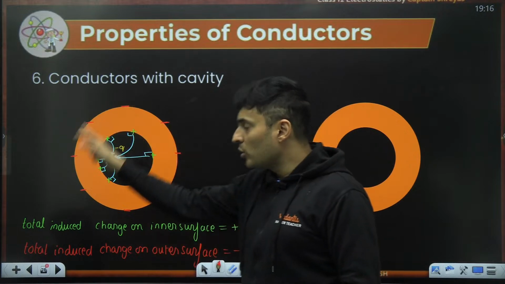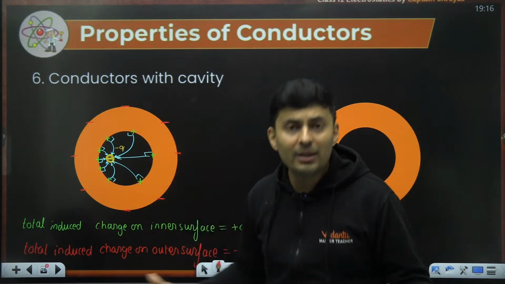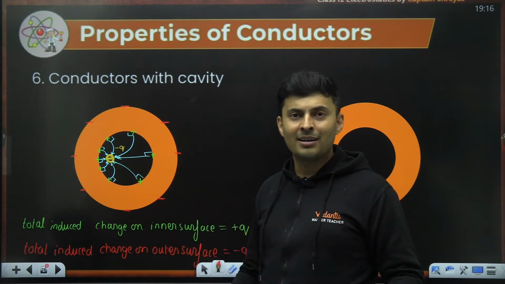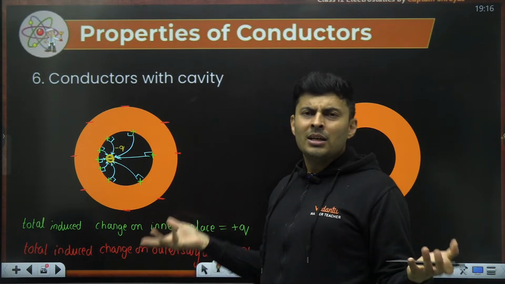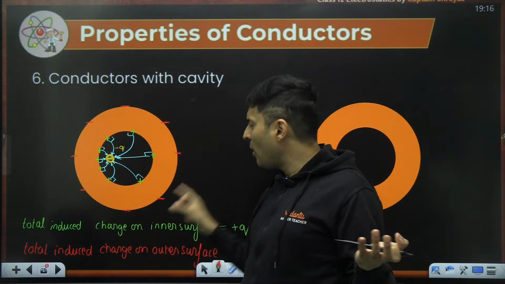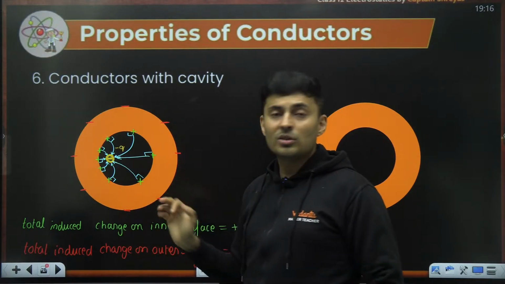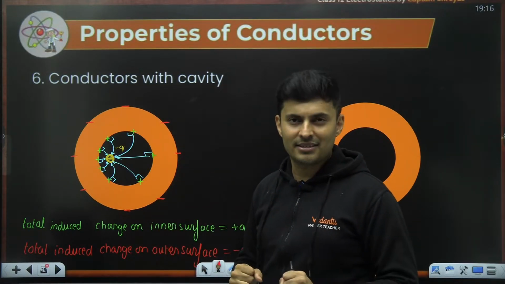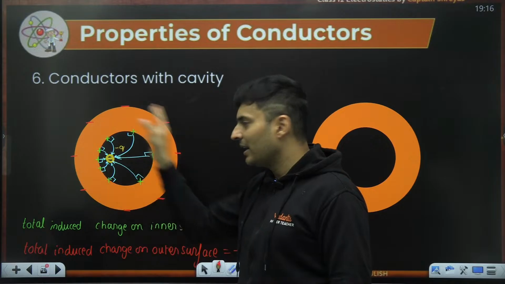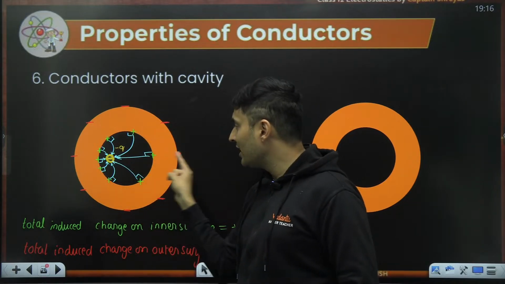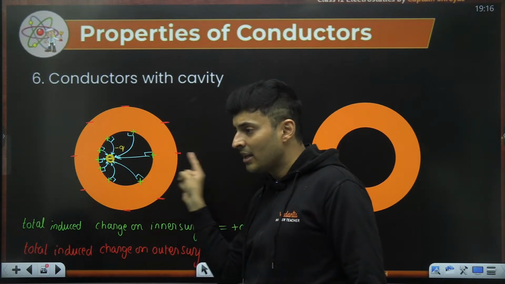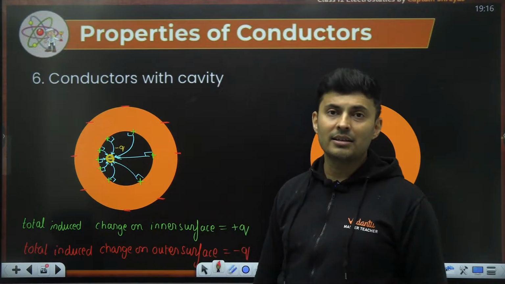That's it. The outside charges have no way to know what is happening inside. So, when they don't know anything, they will be like, oh, the surface is uniform. So, I have no reason to be on this side or this side more. So, they will not be partial or biased. They will uniformly get distributed because there is no communication link. There is no field line which is going through the conducting surface.